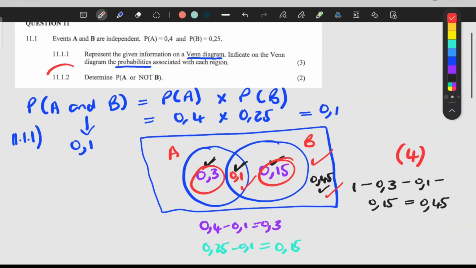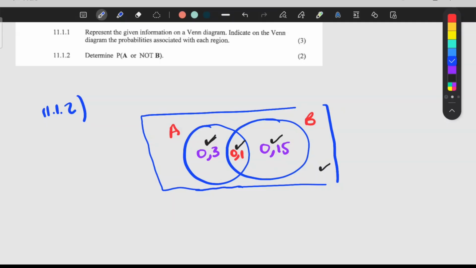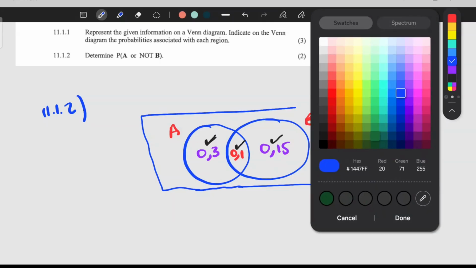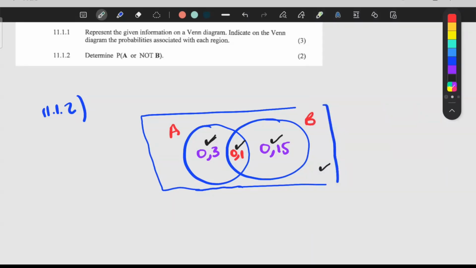Next question, 11.1.2: determine P of A or not B. Many ways to do these questions, eh? I'm going to tick now, and let me use a different color. P of A is this one and this one. That's all the A's. Then not B, so let's do another color. All the not B's, I'm also going to make a star. Not B is this one here.